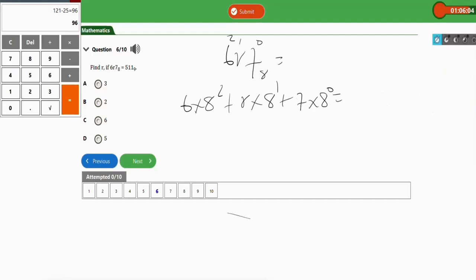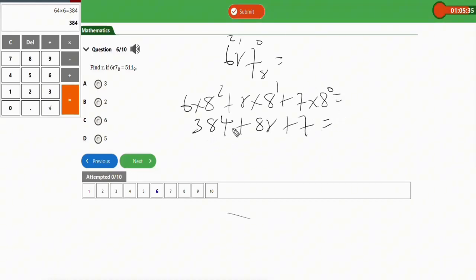Okay, so you can always make use of this calculator here to do the calculation. 64 times 6 gives us 384. All right, so we have 384 plus 8 to the power 1, which is 8, so we have 8r, plus 8 to the power 0, which is 1, plus 7 equals what?